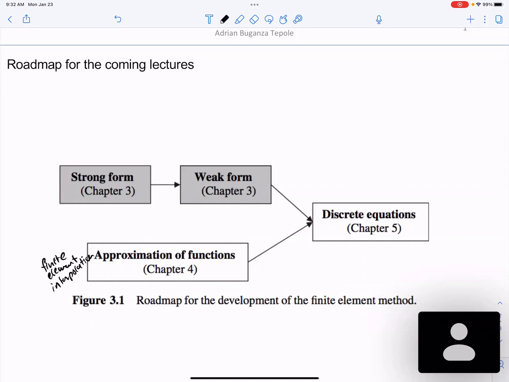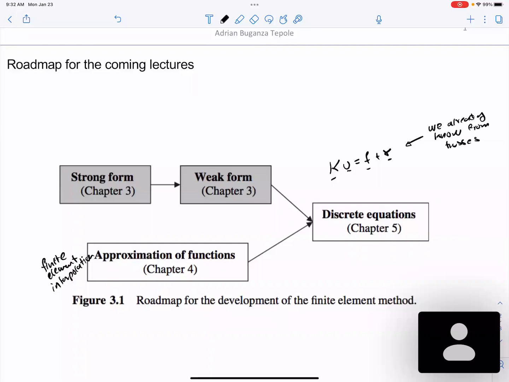What we did in the last week, we already were here. So this is basically where we were last week already. So we already know a little bit of this from trusses.